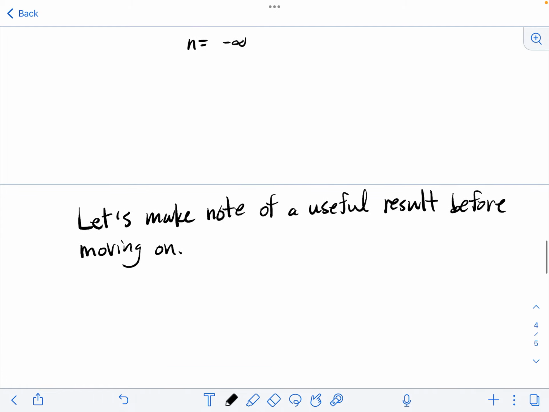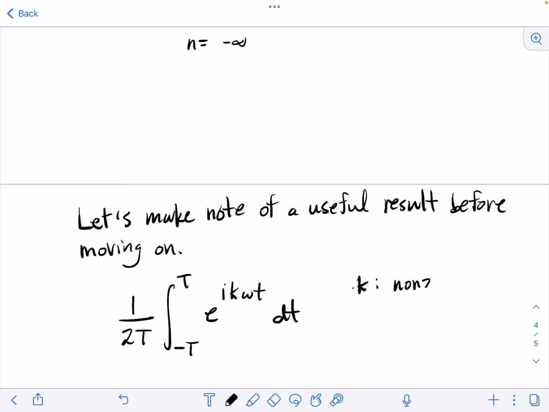What we're going to do is divide by 2T, so 2T is a full period, and then integrate from minus T to T. So we integrate over a period, e^(i k omega t), over time. We'll specify that k is a non-zero integer.